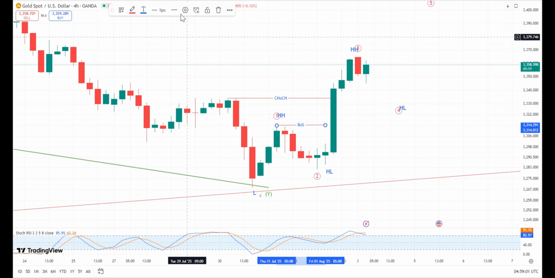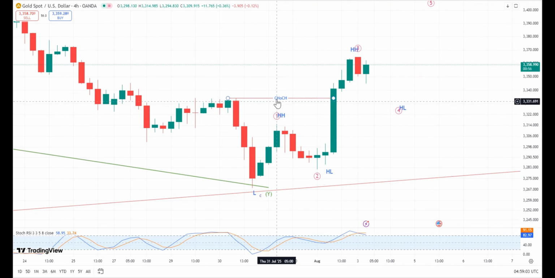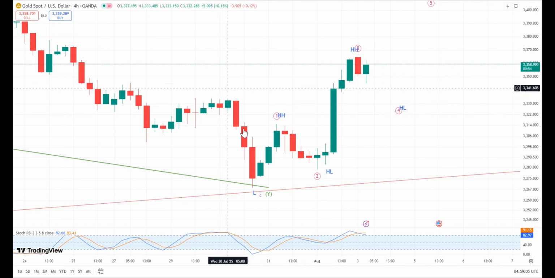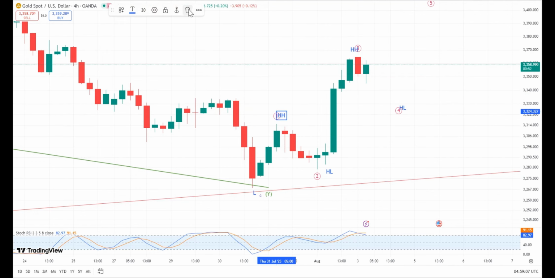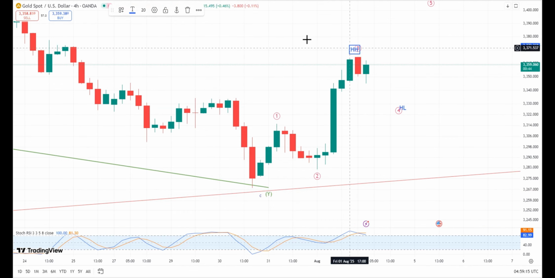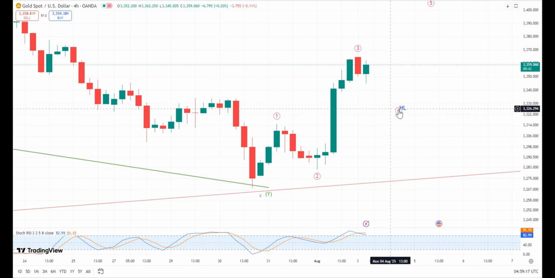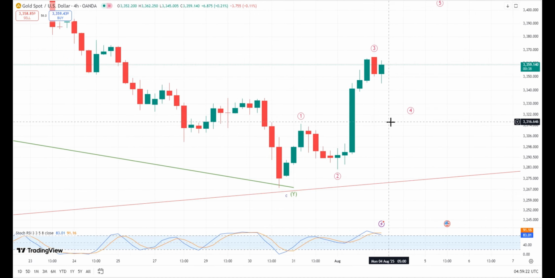So having established that yes, we've had a shift in market structure, let's project based on our triple strategy now to get our entry targets.